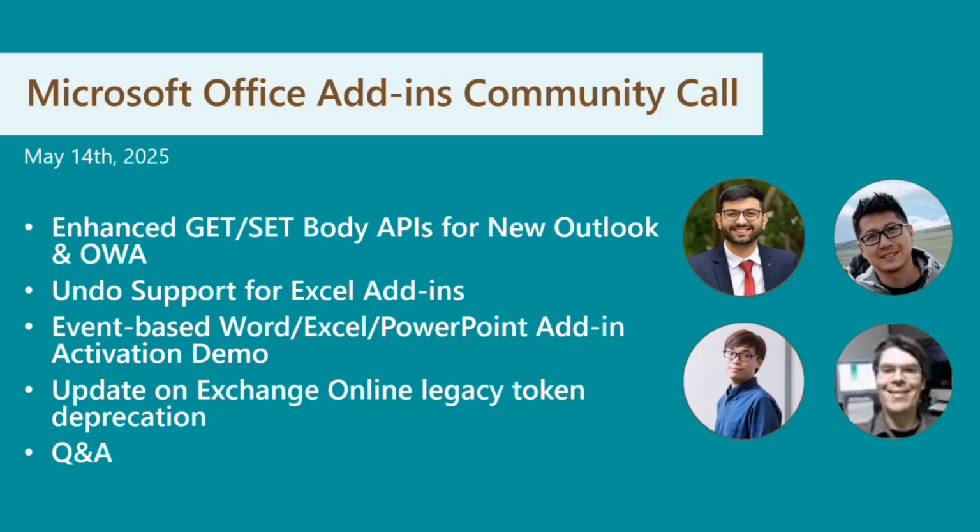And after that, we will have the event-based add-in activation for PowerPoint demo. We are going to do that very soon. And next, we have some updates for the Exchange Online Legacy token. And then we will go to the Q&A section for the questions we gathered from the survey.